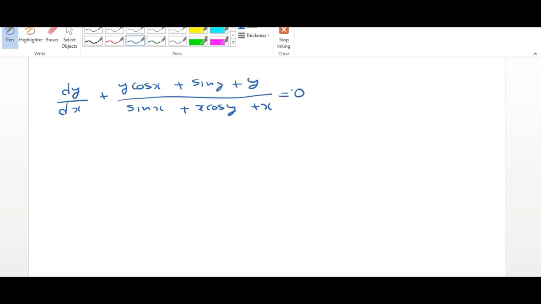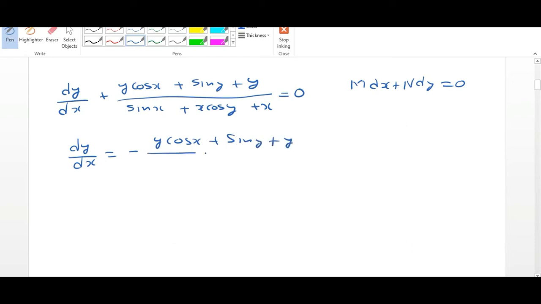So the easiest way is to convert this equation into the form M dx plus N dy equal to 0, and let us check whether it is an exact differential equation or not. So let's change it to this particular form. So this comes to be dy by dx is minus (y cos x plus sin y plus y) divided by (sin x plus x cos y plus x).